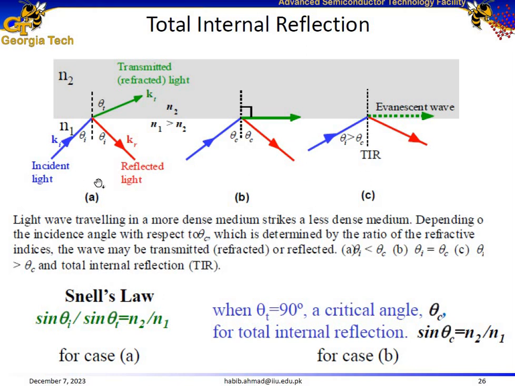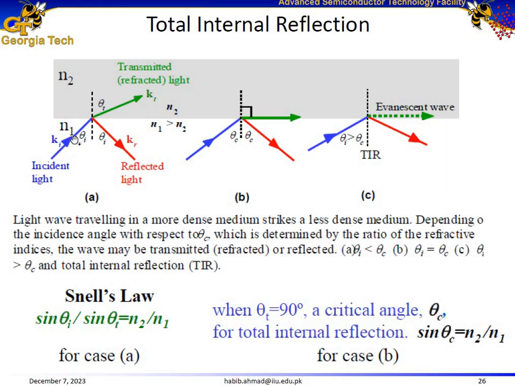Now consider two layers. N1 represents the refractive index of the semiconductor, for example silicon, and N2 represents the refractive index of the second medium into which light needs to escape. For example, the second medium could be air, and here is the interface of the semiconductor and the outer environment.